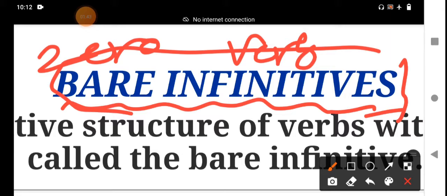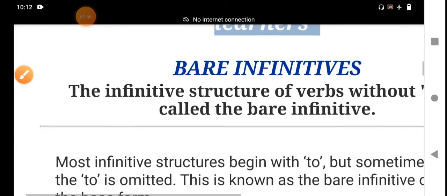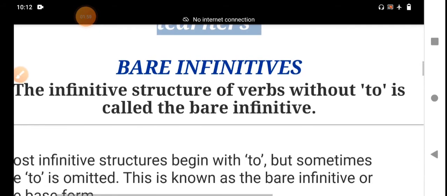Here we use a grammatical terminology, a bare infinitive. What is the meaning of the bare infinitive?